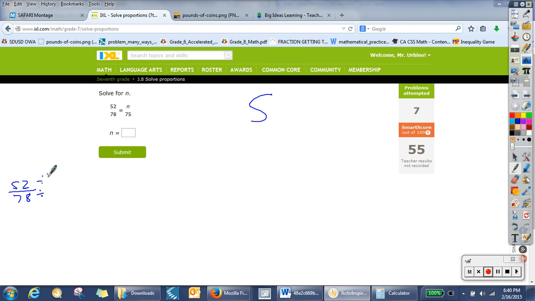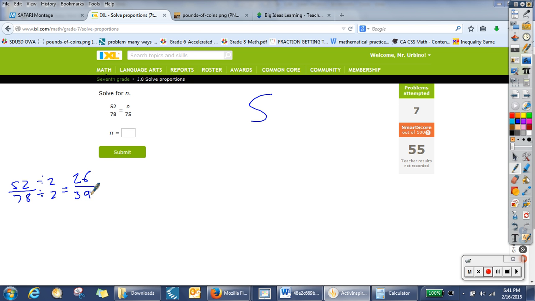Alright, so this one, we're just going to have to keep on going down. 52 divided by 2, I know that 50 divided by 2 is 25, so one more 2 will give me 26. 78, I know that 80 divided by 2 will give me 40, so it's going to be one less than 40. So that's 39. Now let's see.